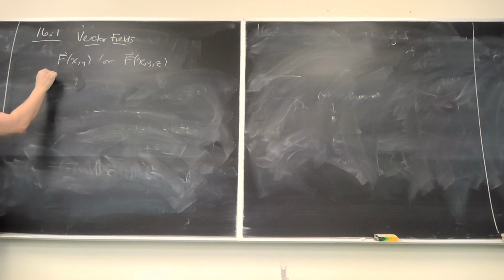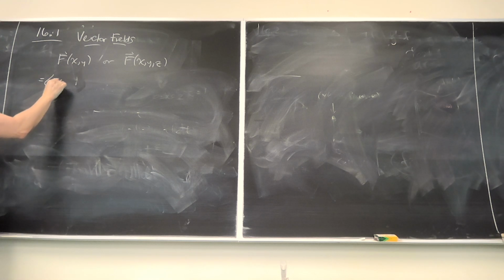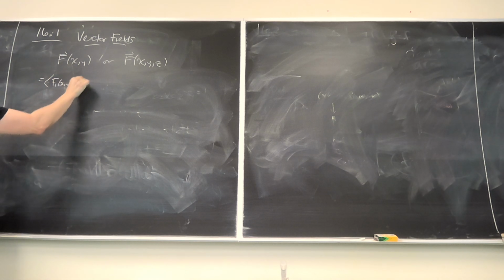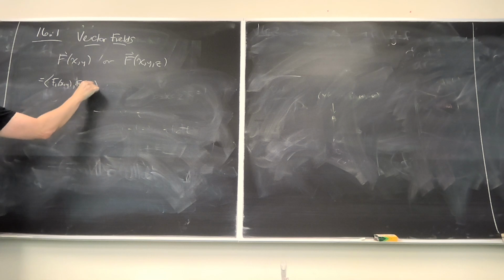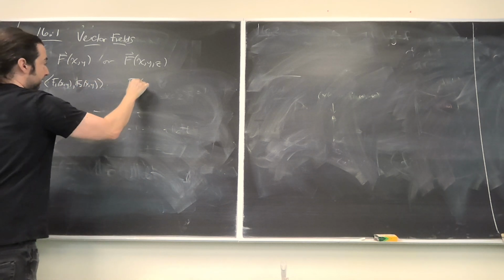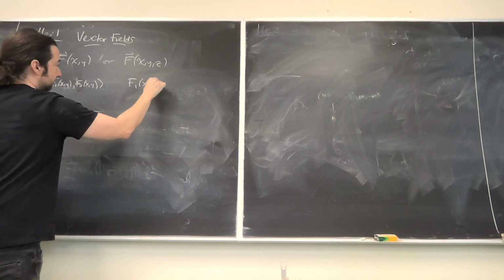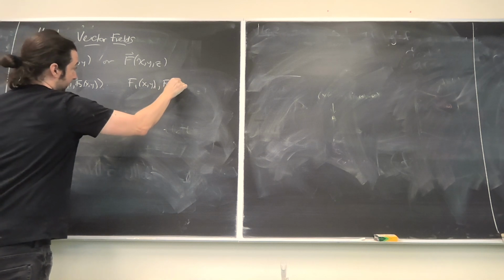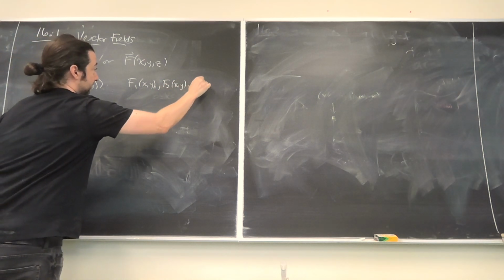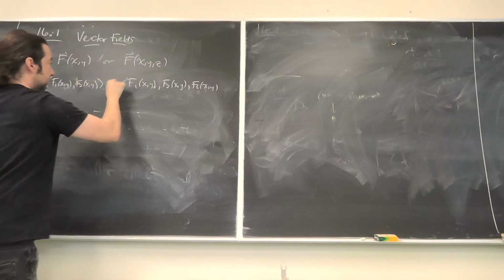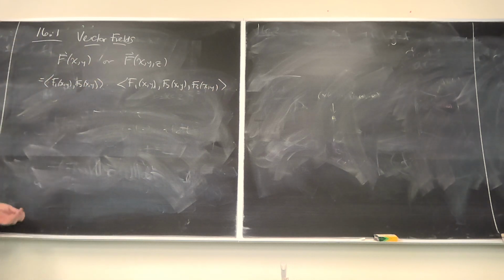So normally we write this as F1 of x,y, F2 of x,y, or in three variables, F1 of x,y,z, F2 of x,y,z, F3 of x,y,z. And those guys are called the components of the vector field.